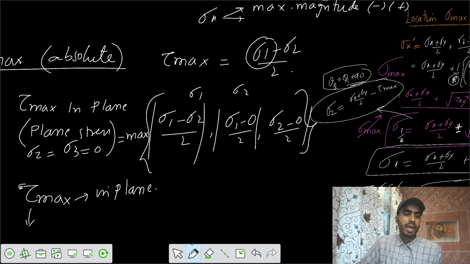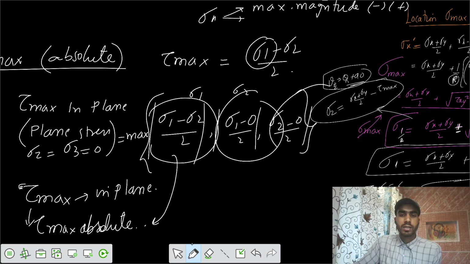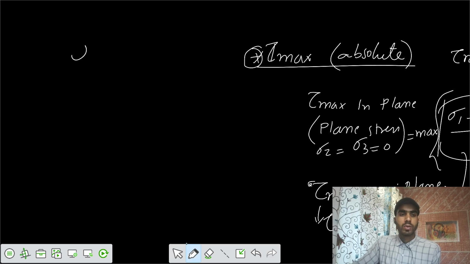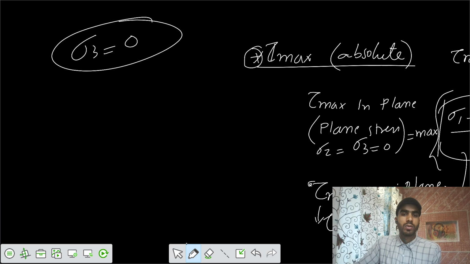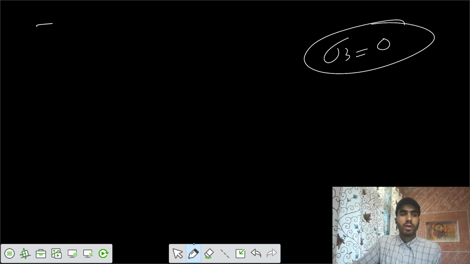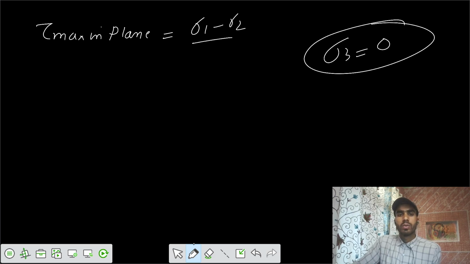If it mentions tau max absolute, then you have to go with this condition, and you have to see the value of sigma 3 also. So the final conclusion is: for tau max in plane, you only solve the magnitude of sigma 1 minus sigma 2 by 2.